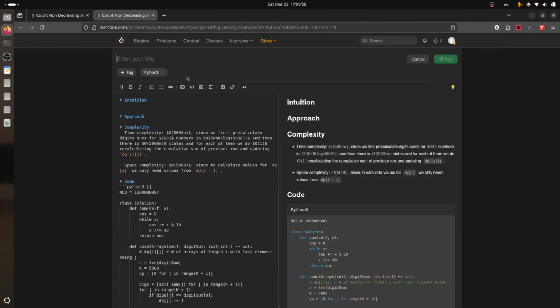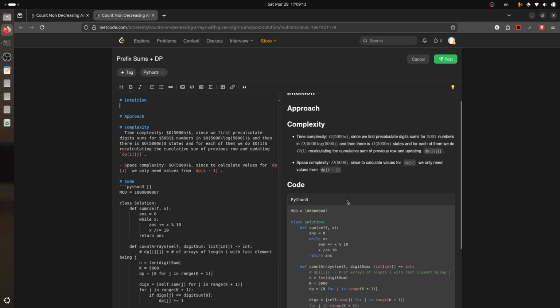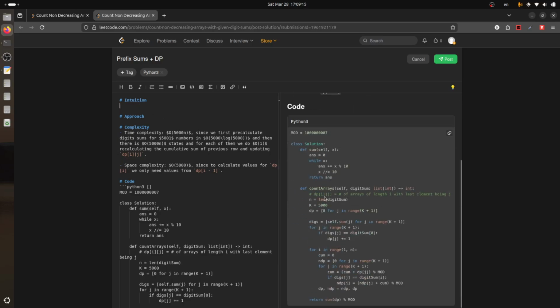And the title is, I don't know, prefix sum plus dp. I kind of didn't explain, but let's say dp[i][j] is the number of arrays of length i+1 satisfying the digit sum constraints of the first i elements such that the last element is j.